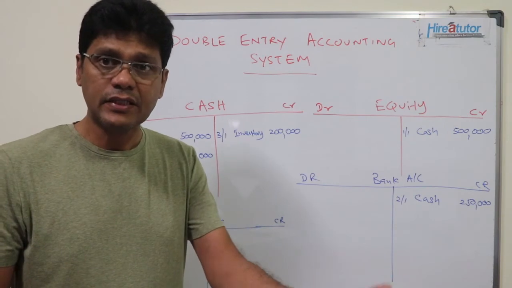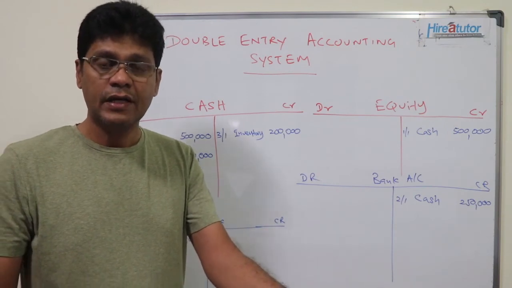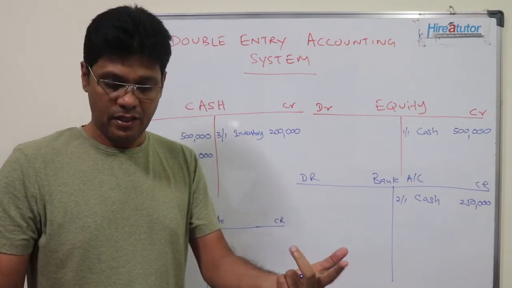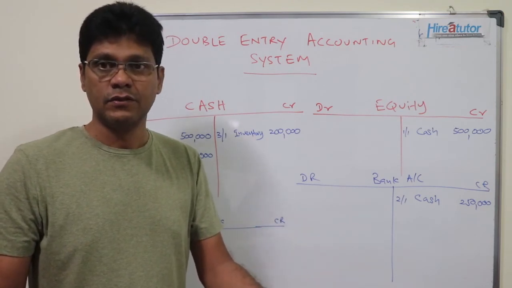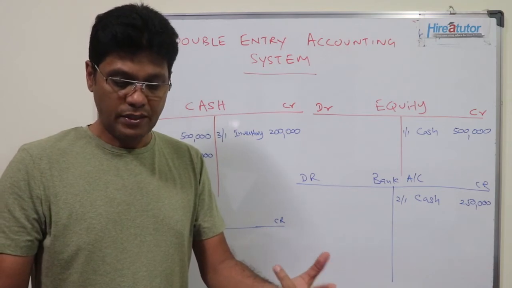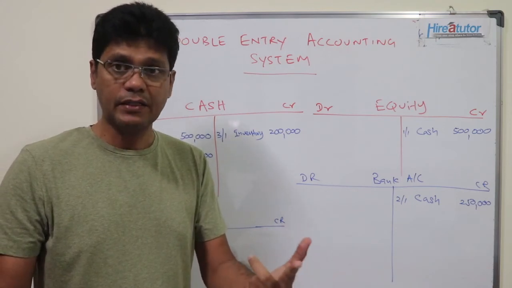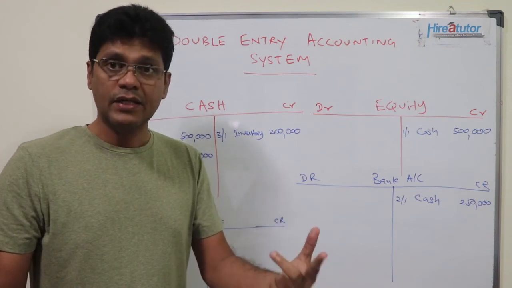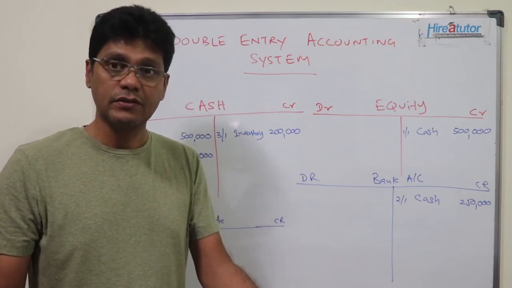And by selling that 75,000 worth of inventory, he has received cash from a customer, 100,000. So what is the impact here? The first impact is that the inventory balance has reduced by 75,000.